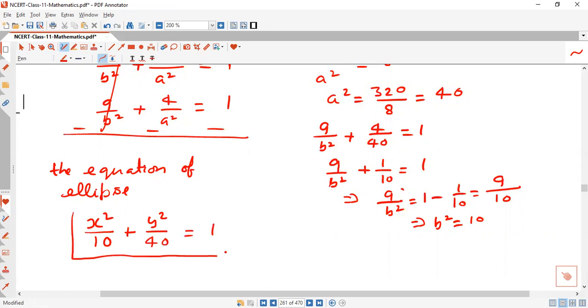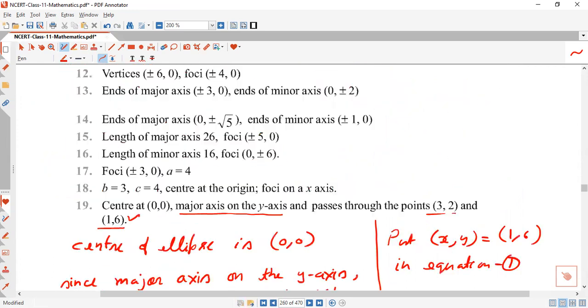This is the standard equation of the ellipse. So I hope you understand well what I'm saying. So this is question number 19 we solved, and this is the end of today's lecture.